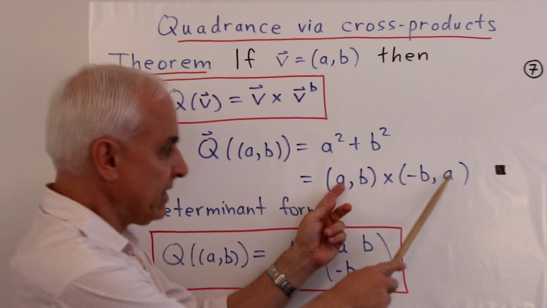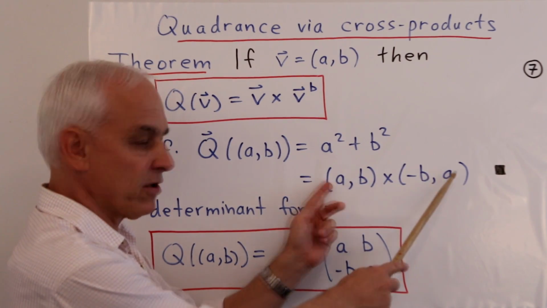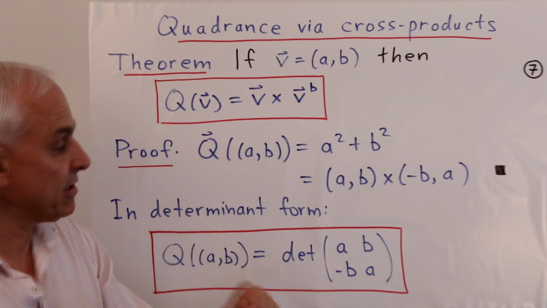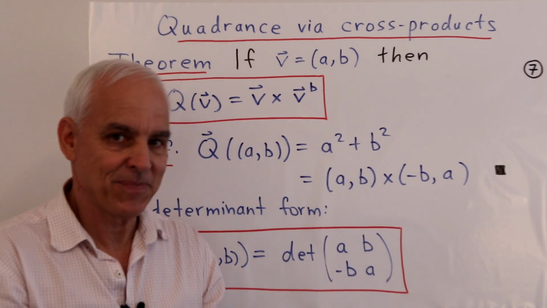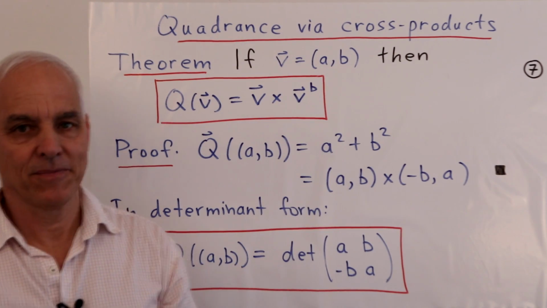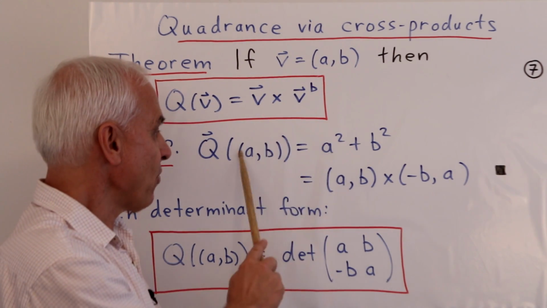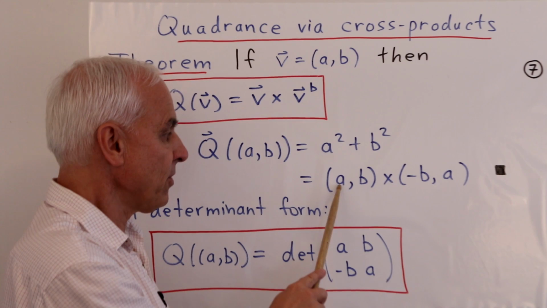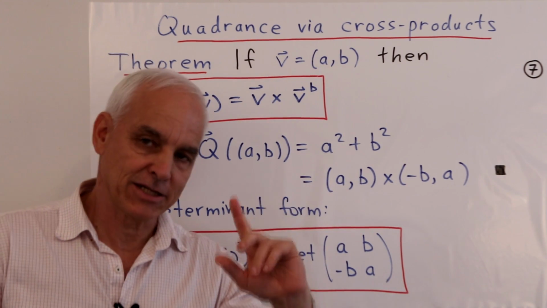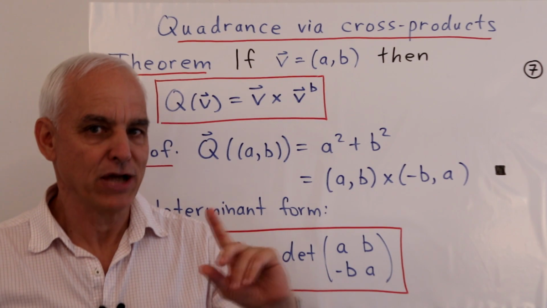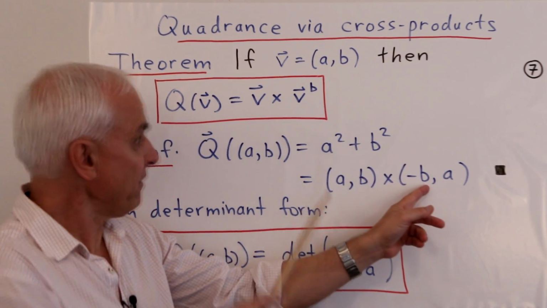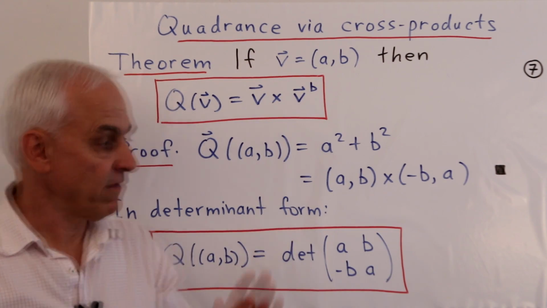Well, it's AD minus BC, so it's the product of the outer ones, which is a squared, minus the product of the inner ones, which will give us minus negative b squared, or a squared plus b squared. So yes, indeed, the quadrance of AB is equal to the cross product between the vector V and its perpendicular rotation, in that order: there's the vector V, and second, that rotated vector.